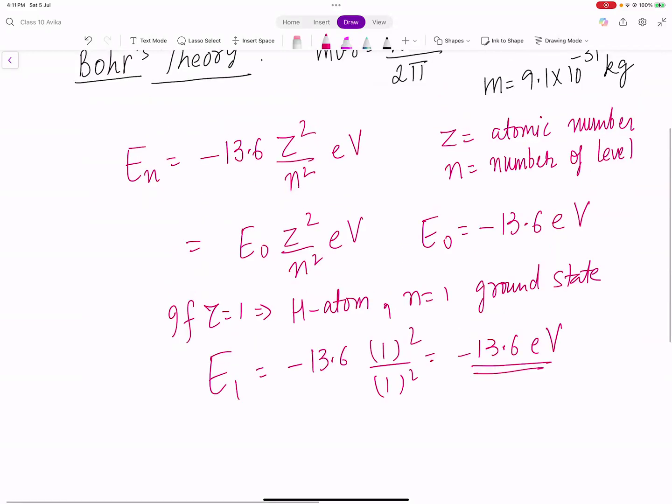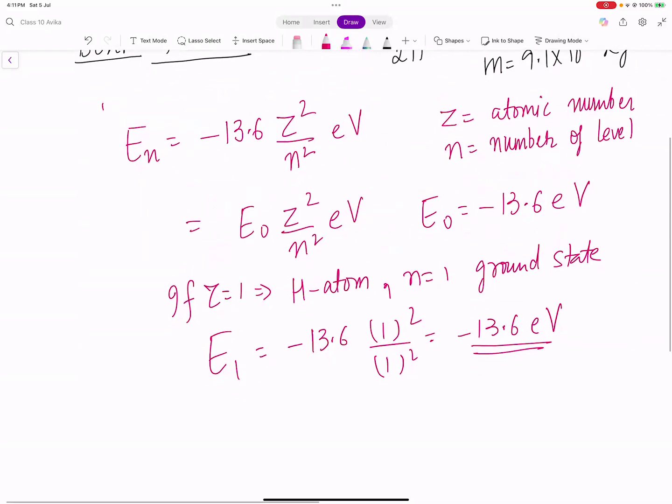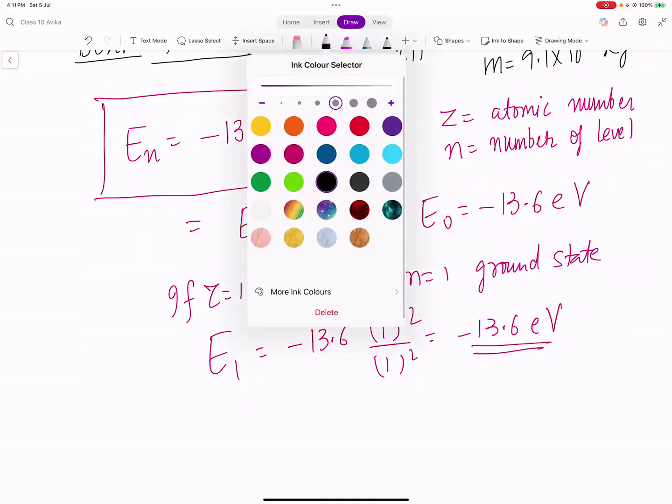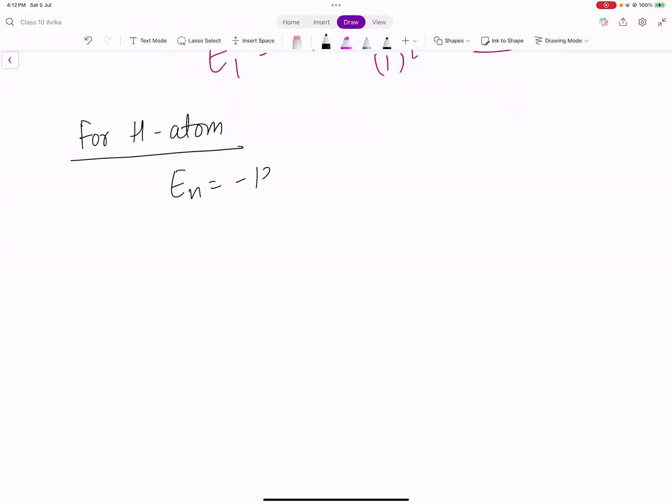But the main thing is that we need to know this formula. From this formula, I can calculate the different energies. Let's box this, and let's talk for hydrogen atom. So energy En is equal to minus 13.6 Z square by N square electron volt.